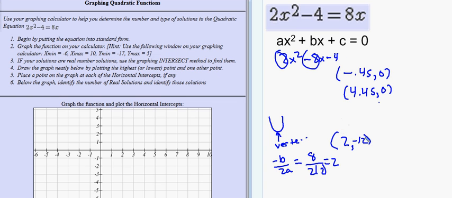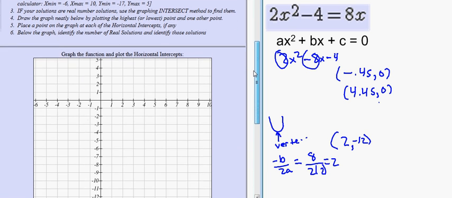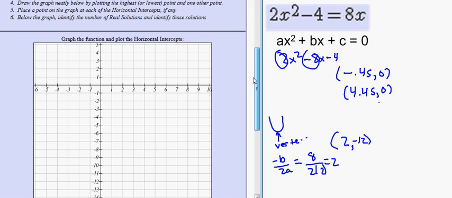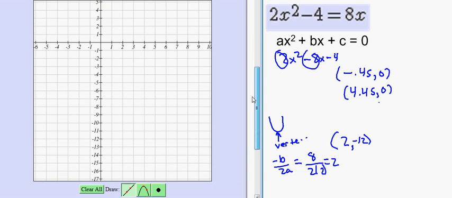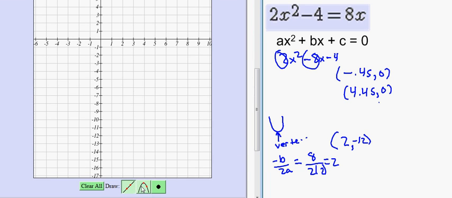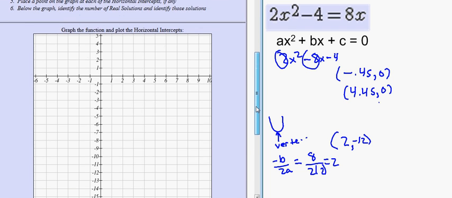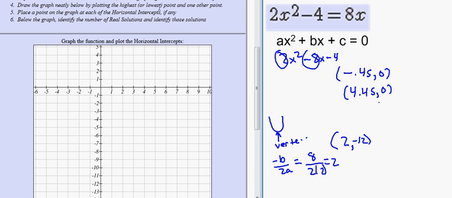So now I'm going to be able to do step 4, which says to graph it neatly by plotting the highest or lowest point and one other point, and you have to use this, not the line tool, but the polynomial tool here. So I'm going to click on the parabola, and it says to draw it neatly by plotting the lowest point, which was 2 comma negative 12. Click and hold down.